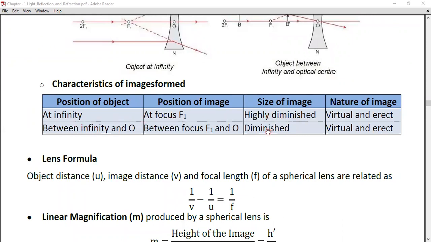See, highly diminished and diminished, virtual and direct, and magnification you will take as +1, or else magnification will be less than +1. There is no case where you will get an enlarged image in the case of a concave lens.